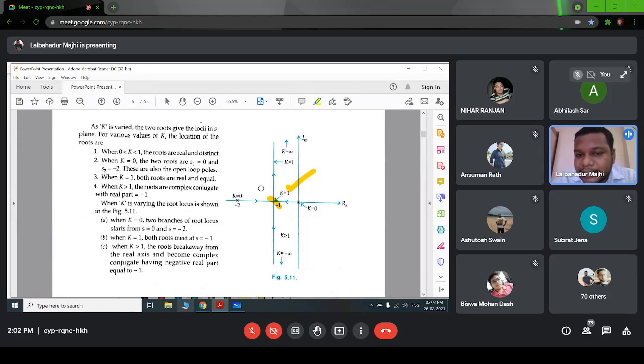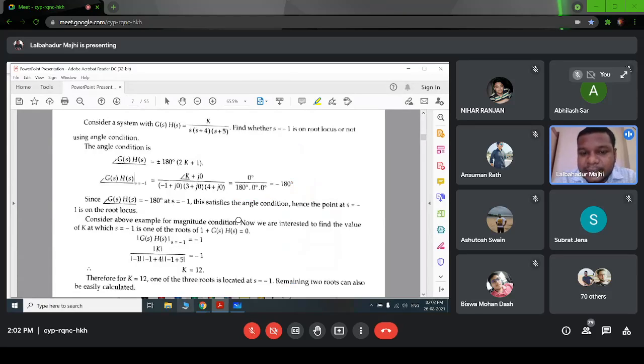For this transfer function, k by s into s plus 2, the point minus 1 is achieved when the value of gain k is 1. Similarly, in this case, it is asked what should be the value of gain k at which s equal to minus 1. This can be found by using the magnitude condition without plotting the root locus. So sorry, this will be plus 1. Okay, this will be plus 1.